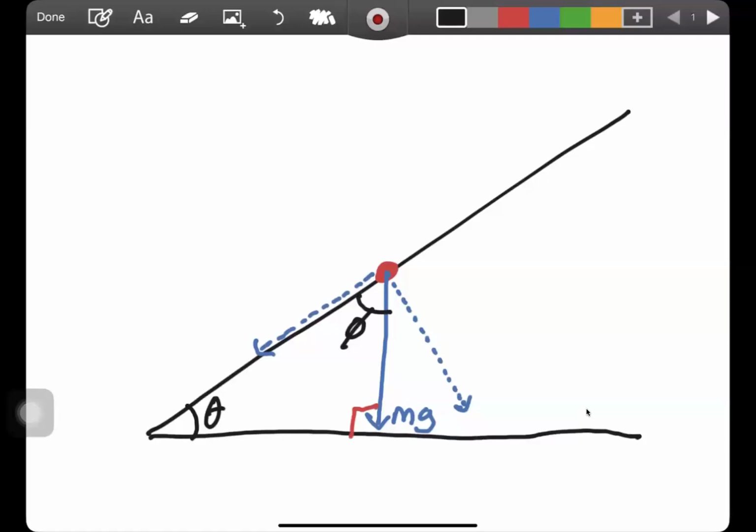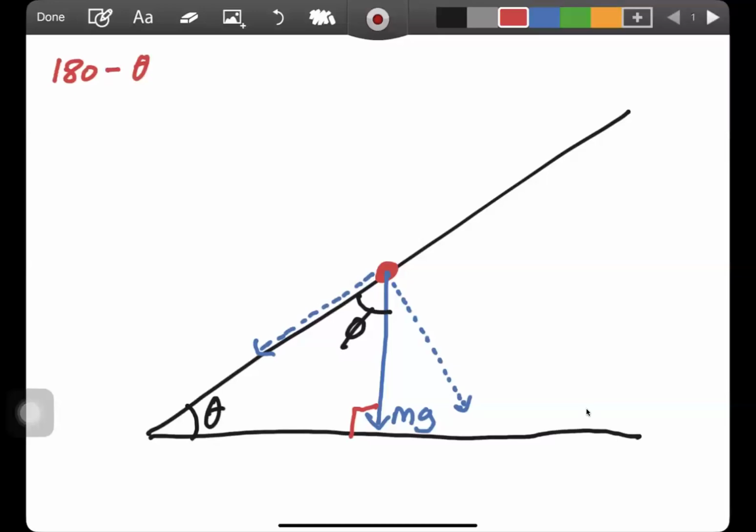Remember, with a triangle, when you add up the interior angles, you're going to get 180 degrees. So if I have 180 degrees to play with, and then I have my angle theta in the bottom left there, then what is going to be phi?